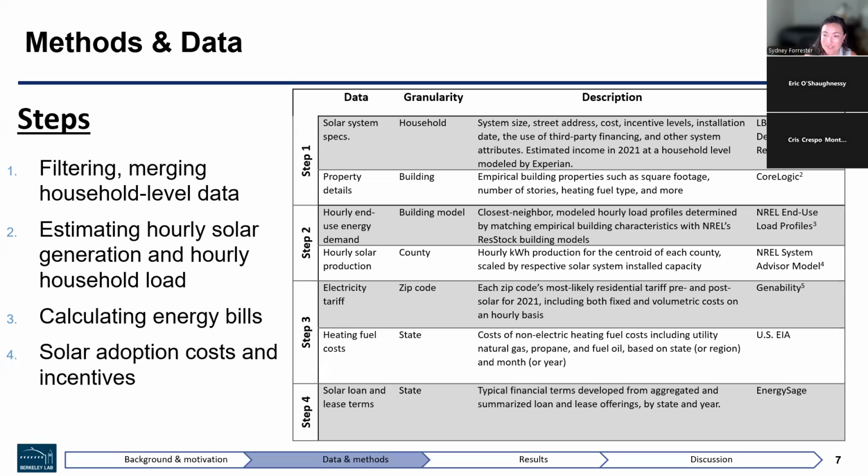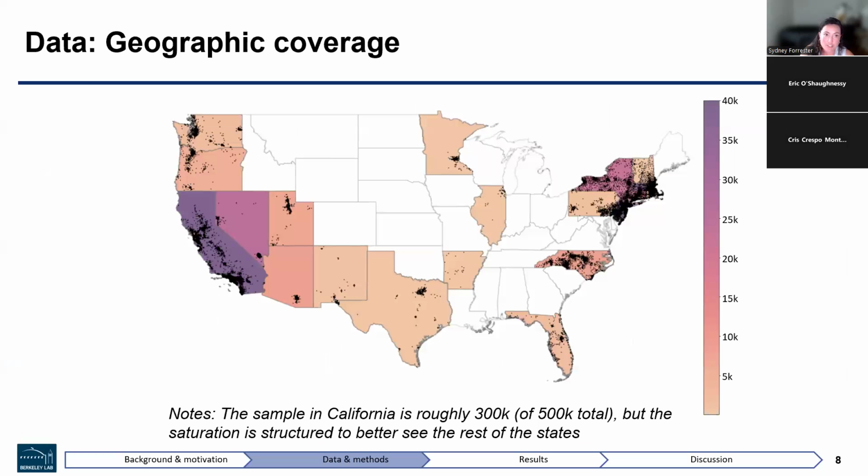So we actually did run sensitivities, and all that's in the paper, but just to note that our results were robust to all the changes in both the lease and the loan terms. As I mentioned, we're a bit bound by the data that we have because it is empirical, and this follows the state of the residential rooftop solar market 2021 and before, and that is very dominated by California as a whole, and therefore our sample is also dominated by California.